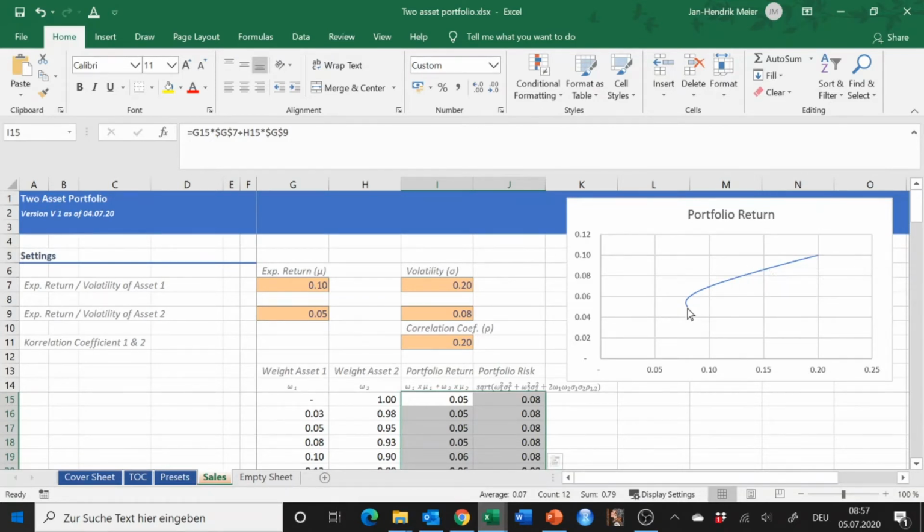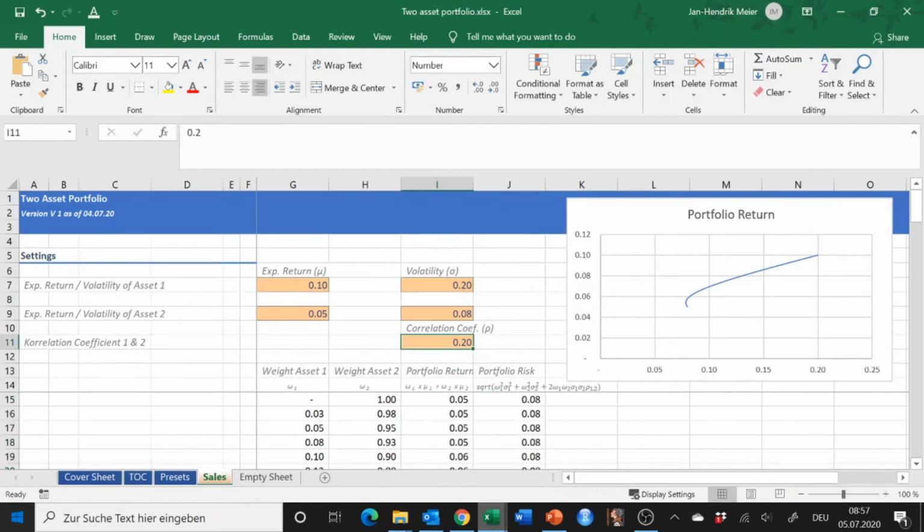And this portfolio here consists only of asset 2. And in between we see all the mixtures. So probably here we are somewhere in the middle. This is a 50-50 portfolio, mixed out of 50% asset 1 and 50% asset 2. So here we come closer to asset 2, and here we come closer to asset 1.